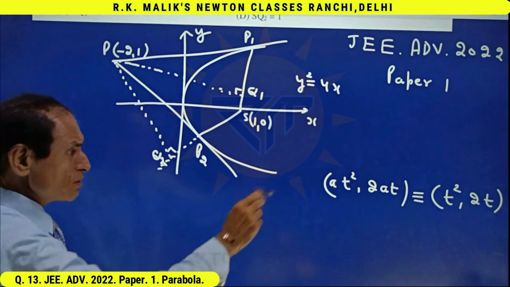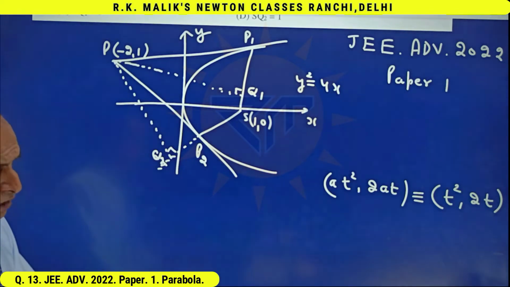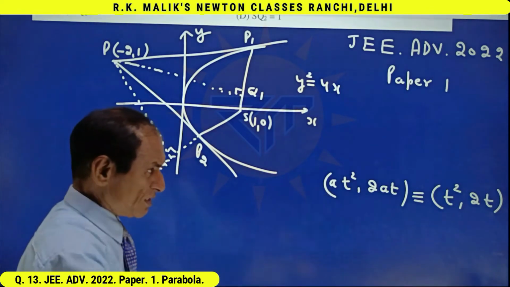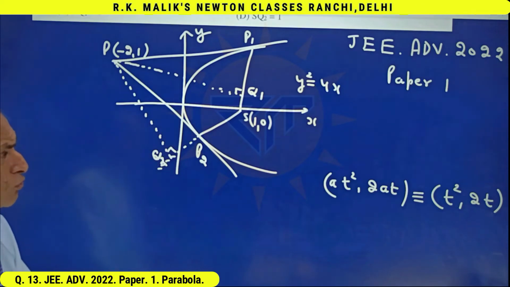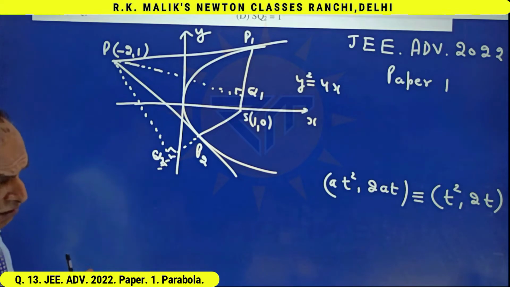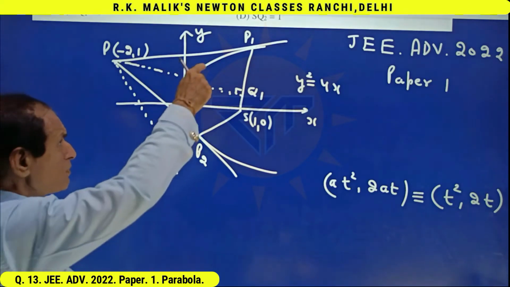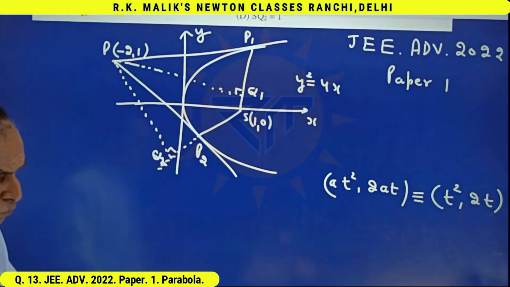We'll find the equation of tangent at the point (t square, 2t) and make it pass through the point (minus 2, 1), and from there I will get a quadratic equation in t, and the roots of that equation will be the parameters of P1 and P2.